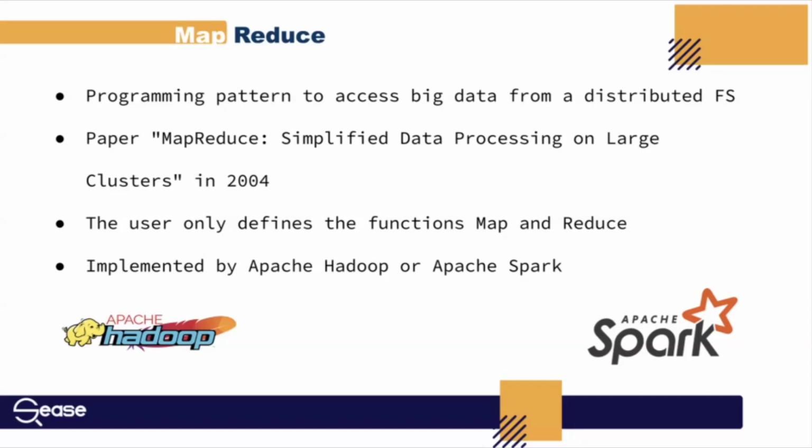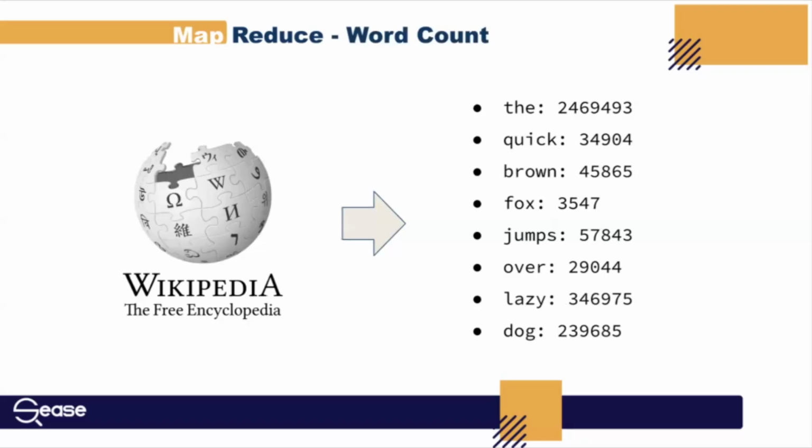What's the idea? There's a framework. The framework takes care of all the usual problems like communication between nodes, where to find files, and so on. And the user only needs to define two functions: map and reduce.